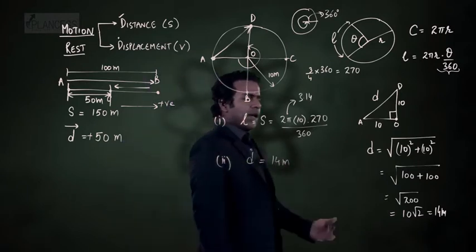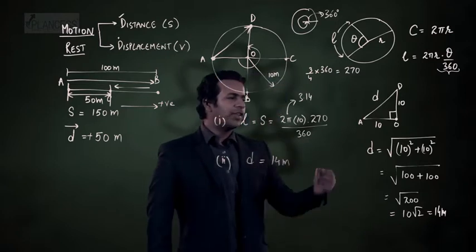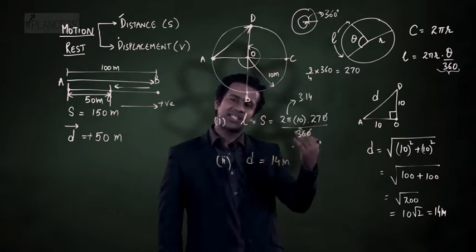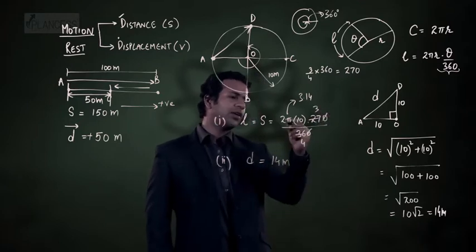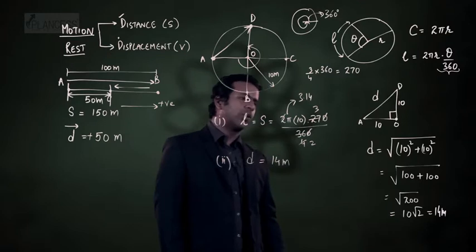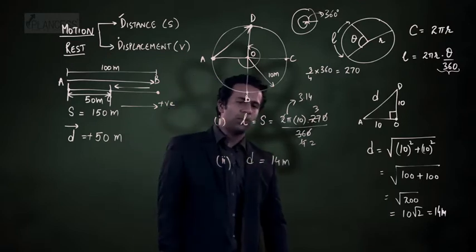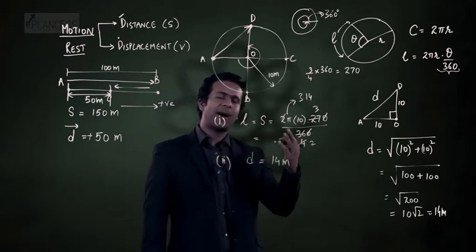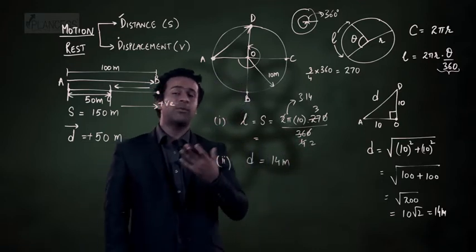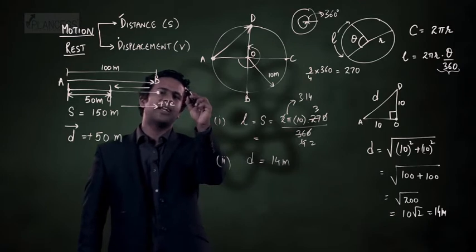Right. Let's find an approximate value of the distance just to compare it with displacement. You could cancel this with 3. You could further cancel it with 2. So what you have is 30 pi by 2. So pi is 3.14, 3.14 into 10, let's approximate it to 31.